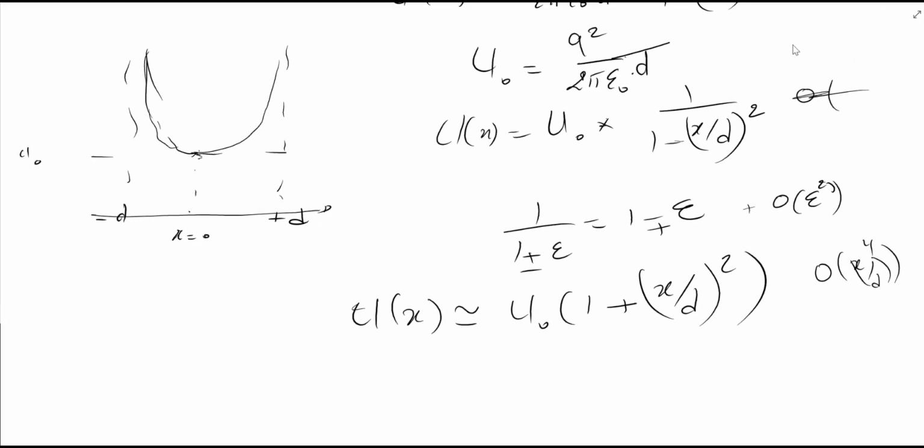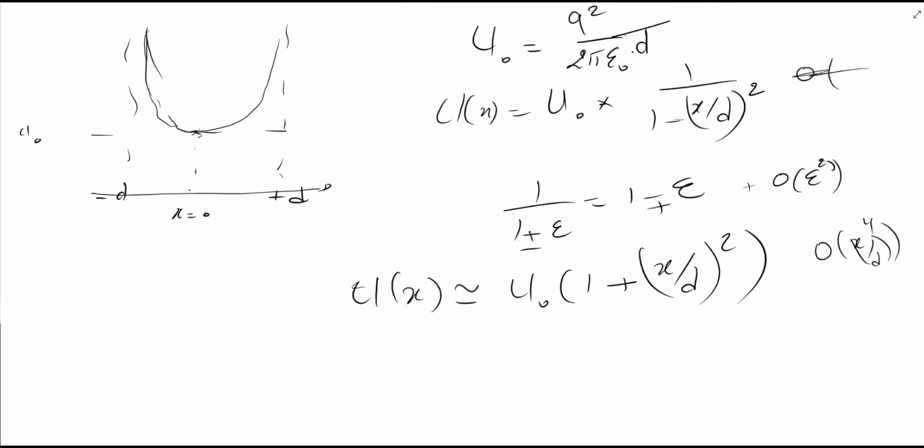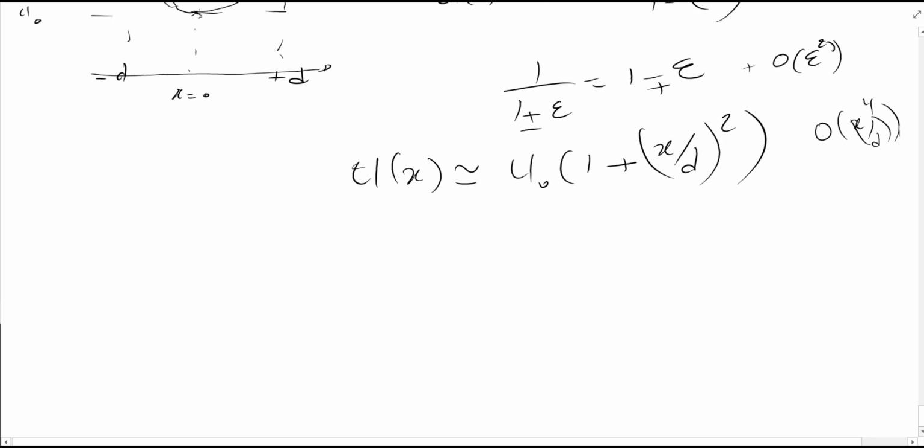Sorry about that disruption. Anyway, they ask us, what is the spring constant? In this case, the spring constant is just the coefficient of x squared in this potential. This looks like u naught plus u naught times x squared over d squared.